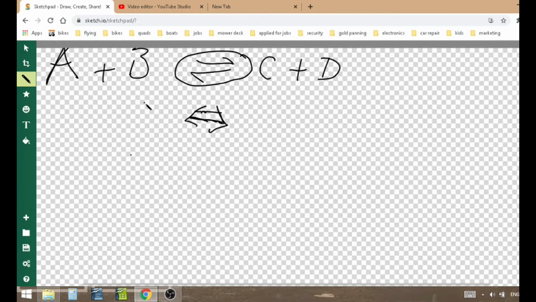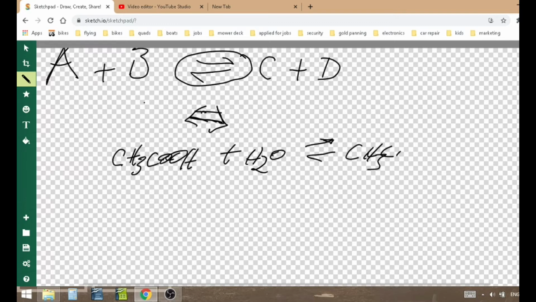And in fact, if you let a reaction go as far as it's going to go, so let's take the acetic acid, and you react acetic acid with water, you're going to get the acetate ion, and you're going to get the hydronium ion.